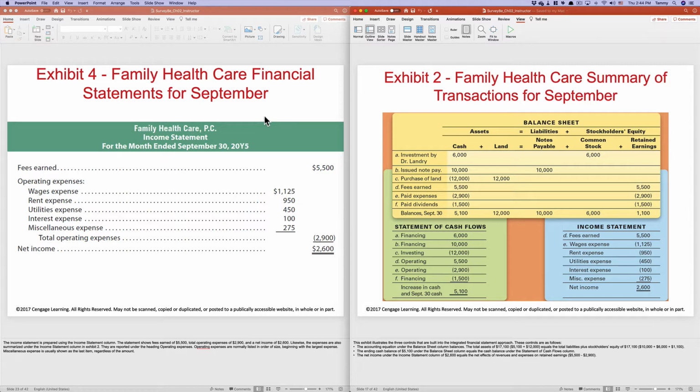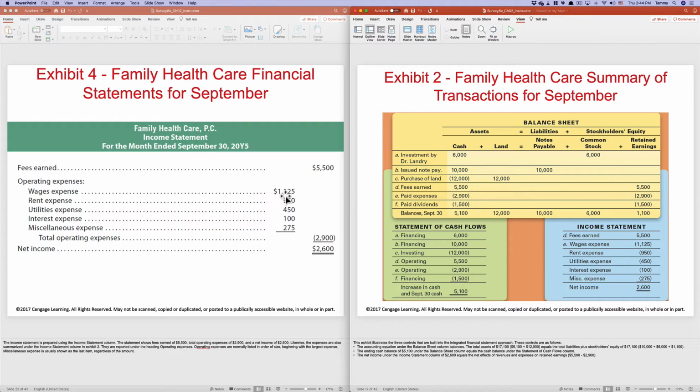So here we have an income statement on this side. And of course, it just picks up off of this income statement blue page where we've recorded them in the context of this sort of ledger that we've been using to record these transactions. And so, our top line of an income statement is always going to be revenue.